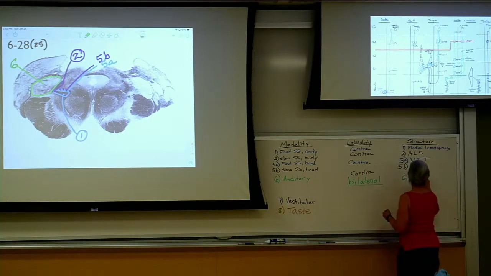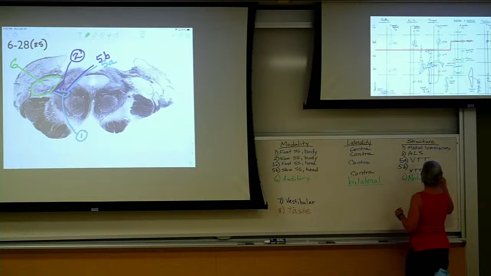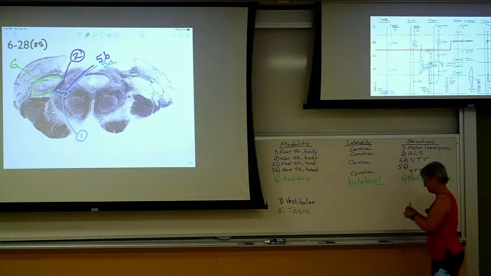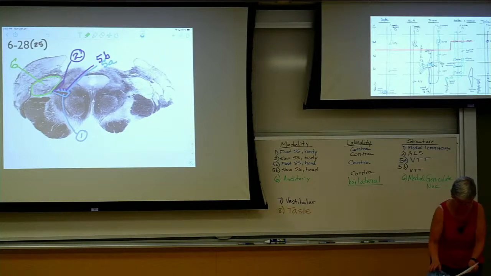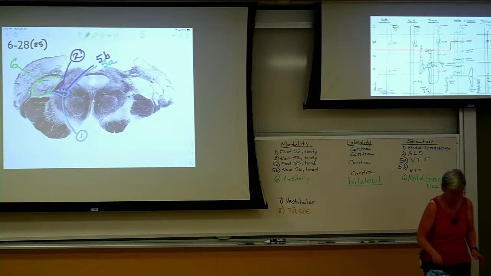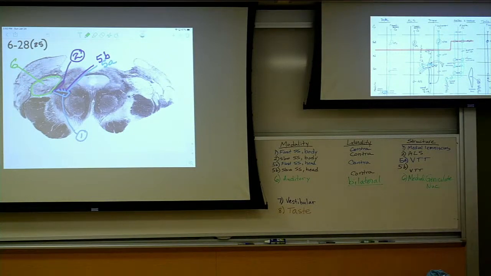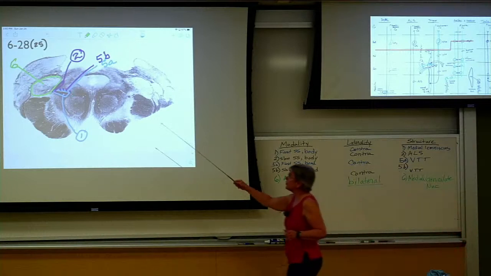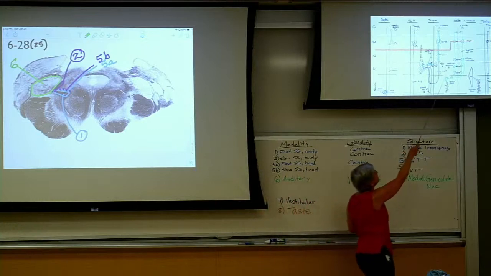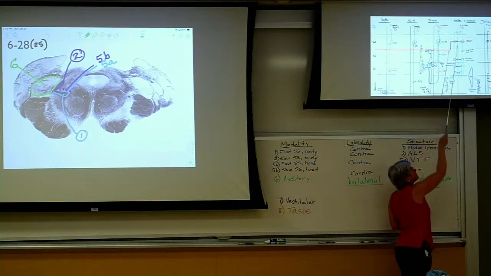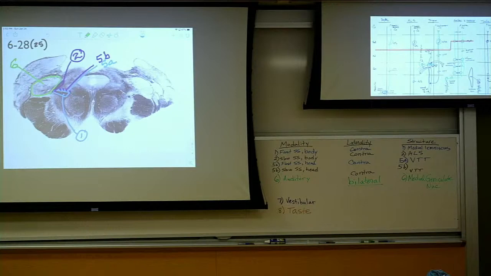So this is the medial geniculate nucleus. And like I said, vestibular and taste information is going through here, but we are not going to localize it. Okay, so we've gotten our auditory information to thalamus, the medial geniculate nucleus. The next stop is going to be cortex.